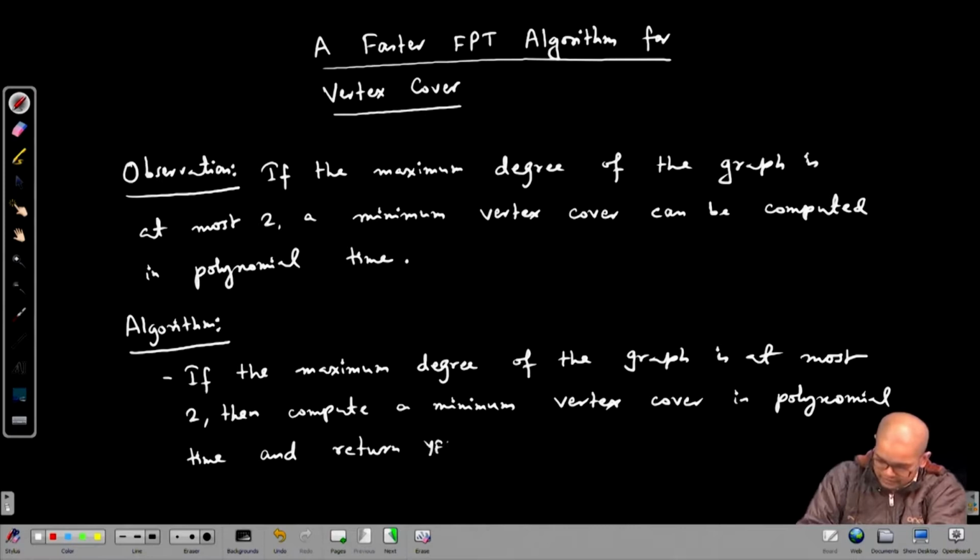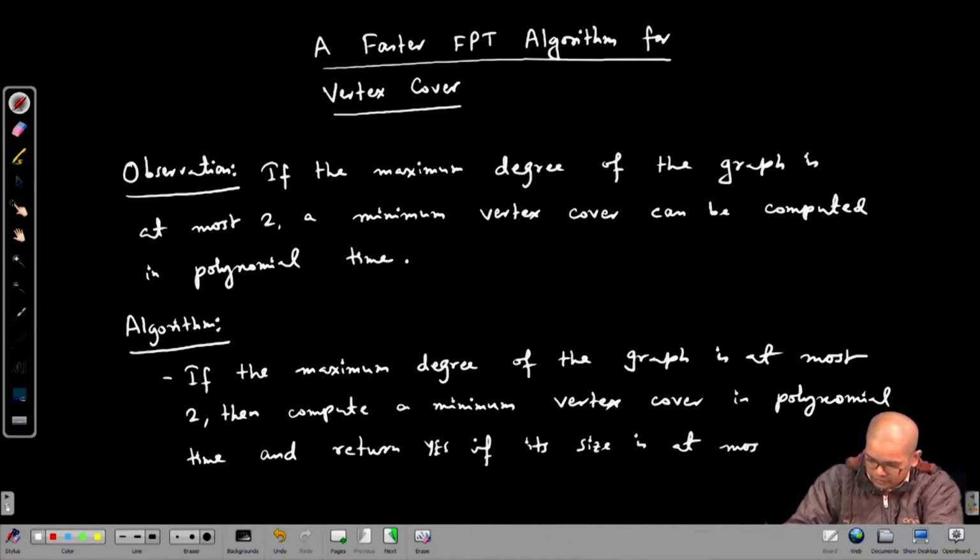Return yes, so let's talk about the decision version: return yes if its size is at most k. It means we are given a graph G and an integer k, and the question is whether the size of the minimum vertex cover is at most k or not.